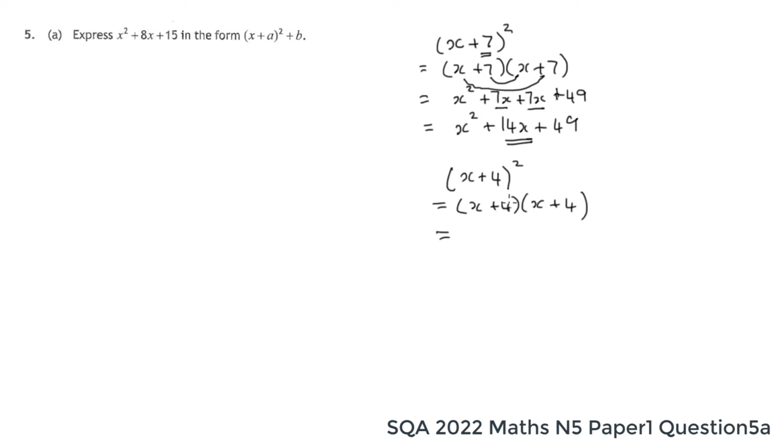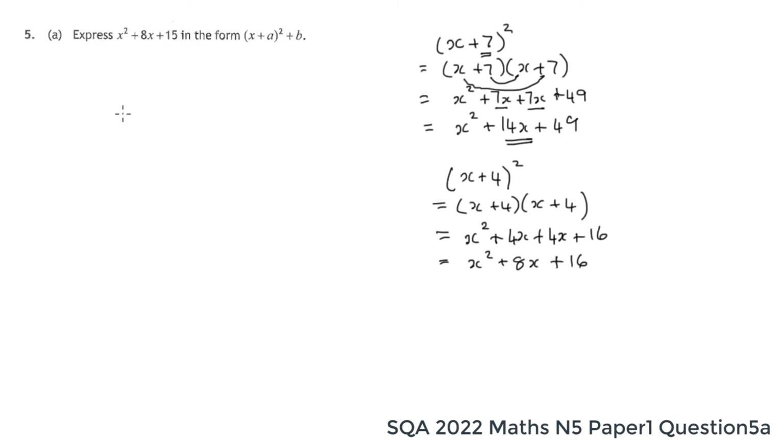If we're multiplying out x plus 4 times x plus 4, the first terms in each bracket, x squared, the outside two terms, x times 4, the inside two terms, 4 times x, and the last two terms, 16. So we're ending up with x squared plus 8x plus 16, which is pretty close to what we were after.